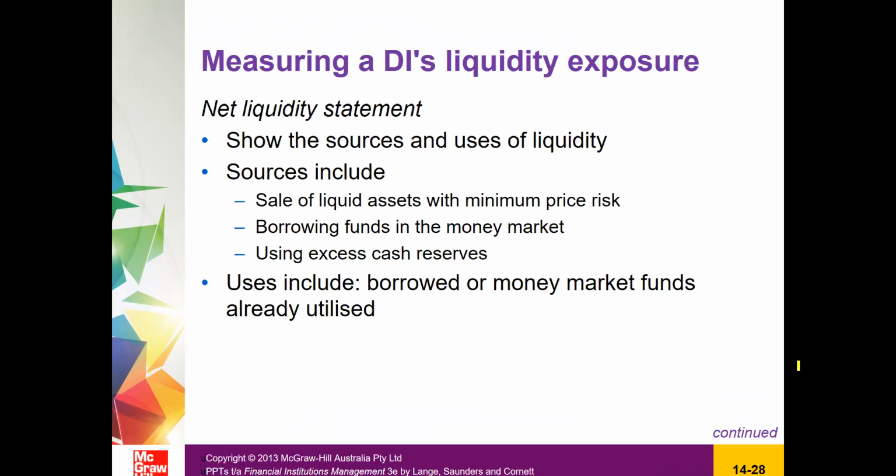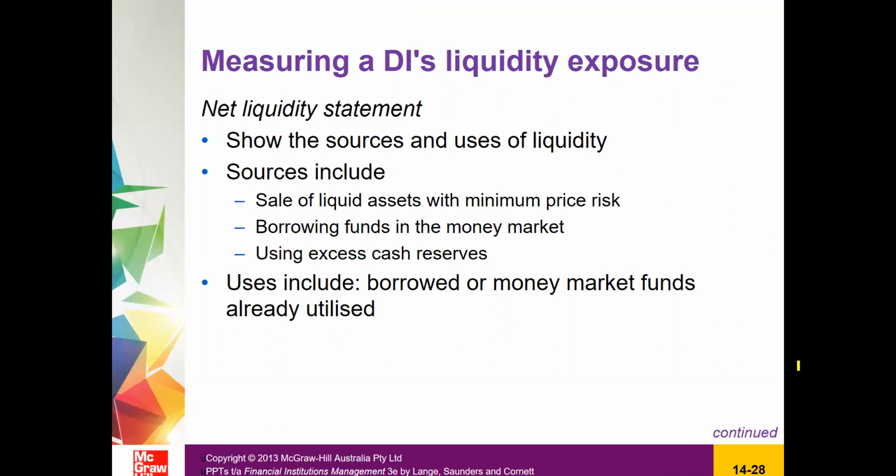If you remember in the last video, we have seen that as far as the sources of liquidity are concerned, a depository institution can use its own liquid assets. Depository institutions can borrow from outsiders to cover the liquidity requirement, and the use is to pay out the claims of its depositors.